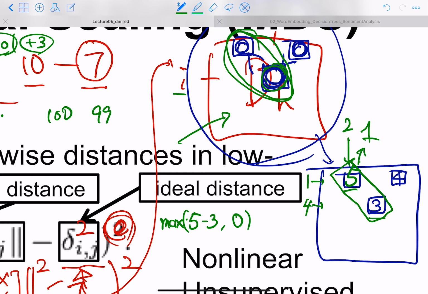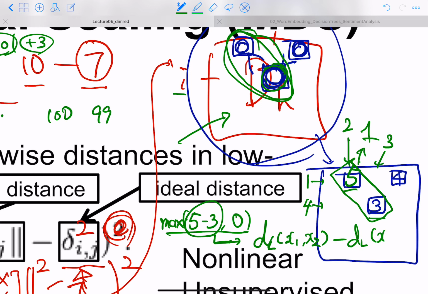So suppose this guy is the second data item, it's the fourth, and maybe it's the third data item. And so our loss is like, this part is represented as the low-dimensional distance between x1 and x2 minus the low-dimensional distance between x4 and x3, right?